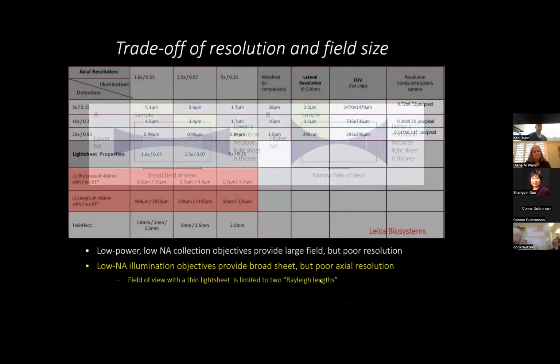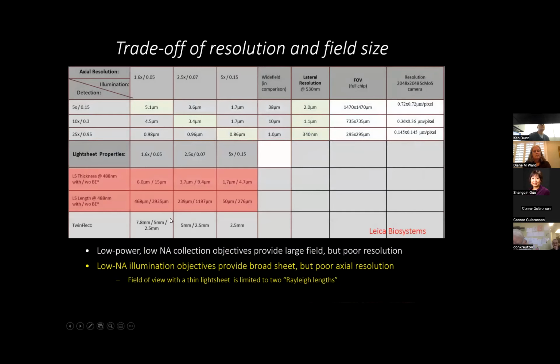And this is where I'm going to screw up my explanation. If you have a low power illumination objective and a low NA objective, the beam is going to be very thick, about 15 microns, which means that's your axial resolution, but a very big field.